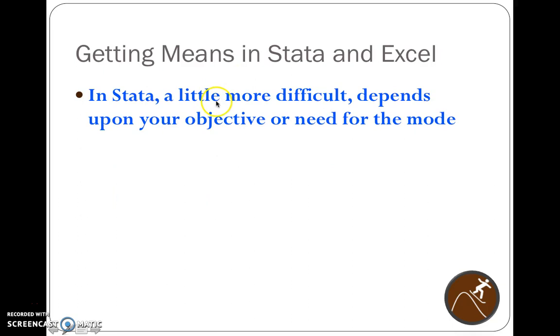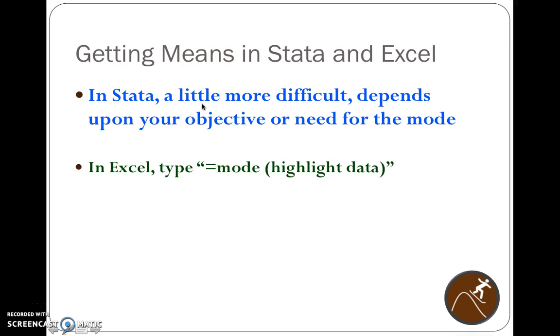So in Stata, if you're trying to get the mode, getting modes in Stata and Excel, it's a little more difficult to get the mode because it depends upon your objective, and it's a little more complicated than just the most frequently observed value. In Excel, it will give us the major mode, and that's pretty much all it will give us.